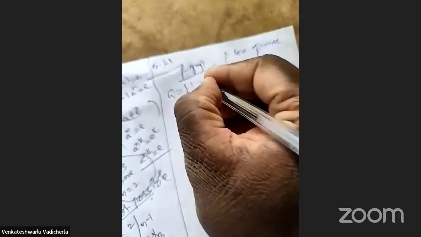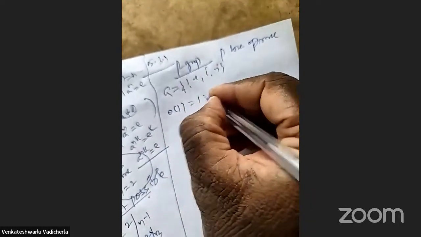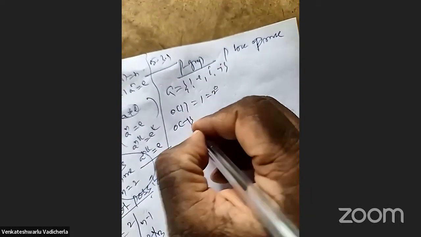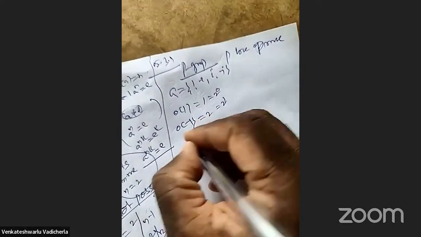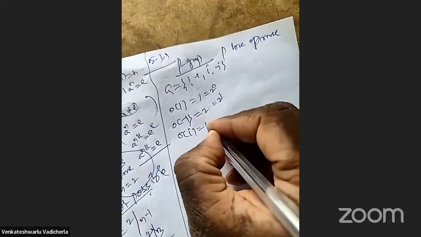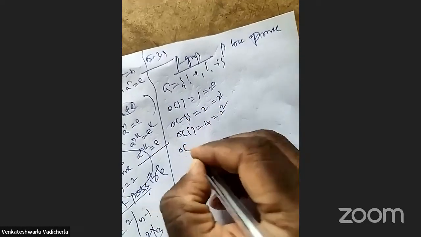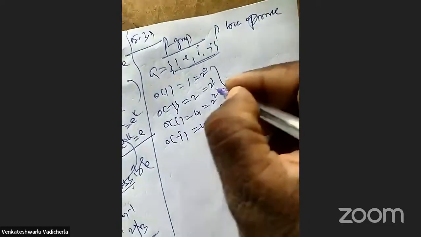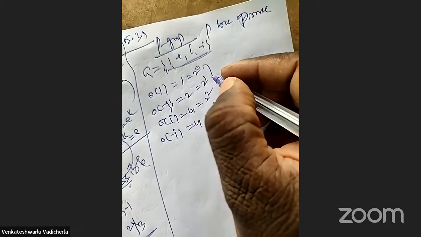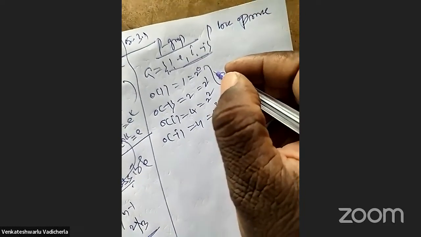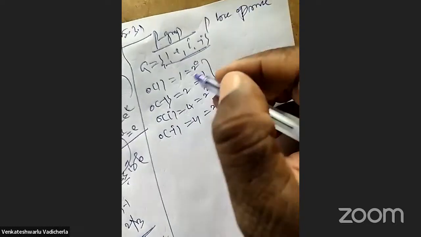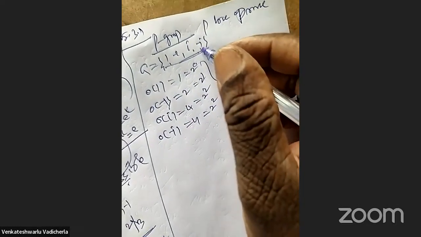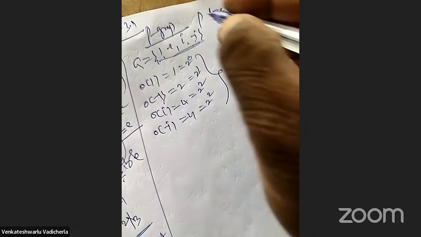Example: G is equal to {1, -1, i, -i}. The order of 1 is 1, which is 2 to the power 0. The order of -1 is 2, which is 2 to the power 1. The order of i is 4, which is 2 squared. The order of -i is 4, which is 2 squared. Every element of G has order a power of 2. Every element of a group G is some power of a prime, so that group is called a P-group.